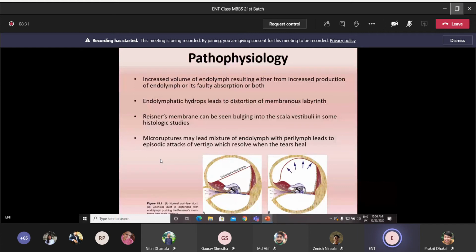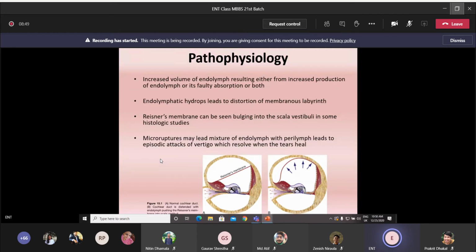Now we go to pathophysiology. This condition occurs either due to increased production of the endolymph, or due to faulty absorption of the endolymph.